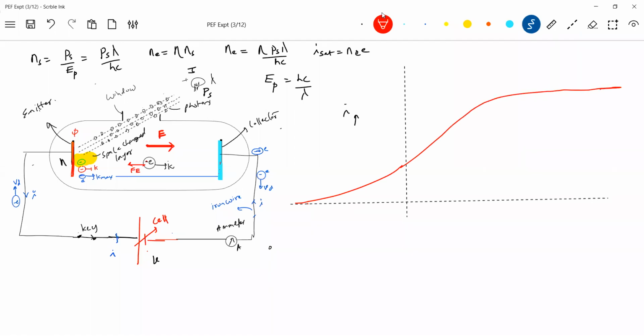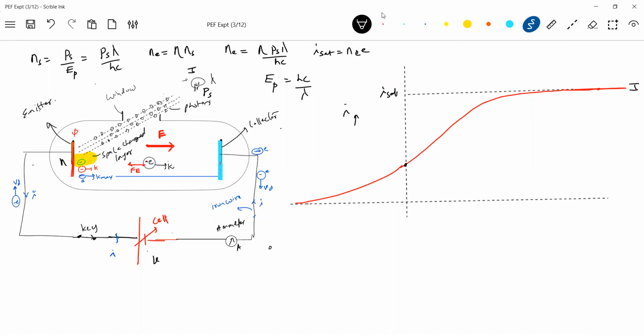And afterwards, it's almost constant. Put like this here. So this is for the intensity I, and this is the saturation. You have to show where the current is constant, that is I saturation.